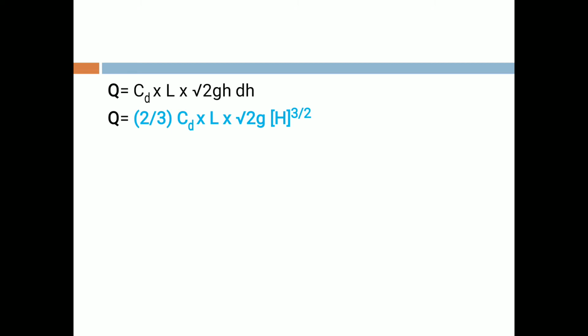After simplification, we get the final equation: Q is equal to 2/3 Cd L under root 2g H to the power 3/2. This is the equation by which we can calculate the discharge over the rectangular notch or the weir.